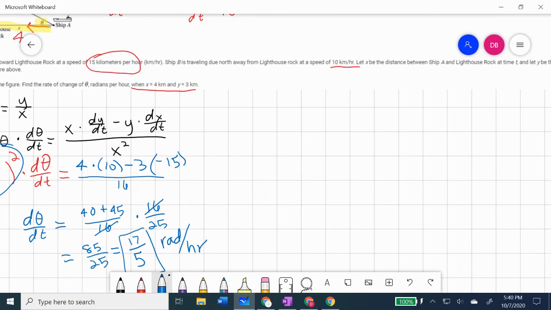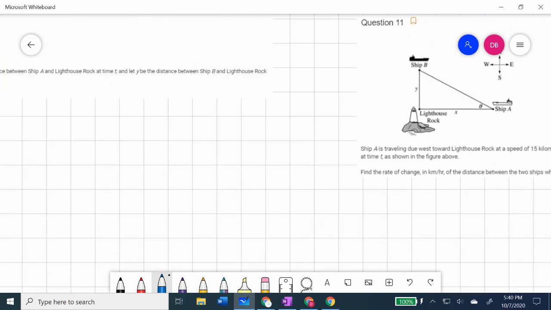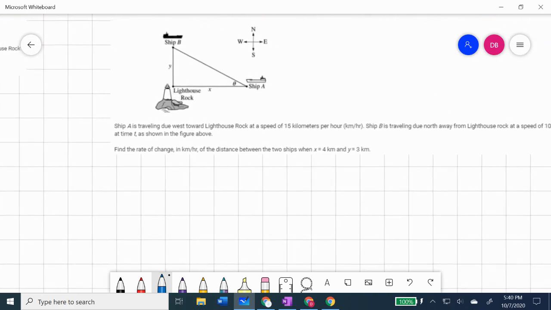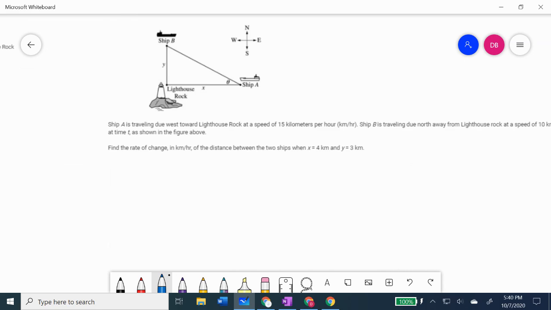Okay, next, same scenario, different thing to find. This time we are finding the rate at which the distance between the two ships is changing. Same scenario. I'm going to call that distance z since I've got an x and a y going. And I need a relationship between x, y, and z.